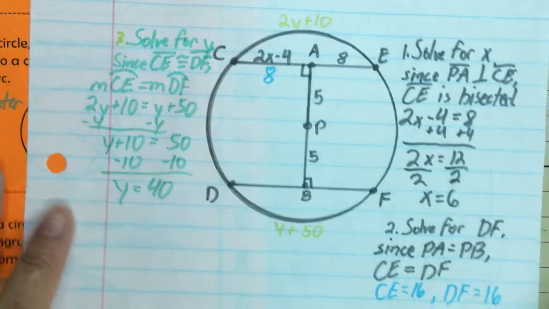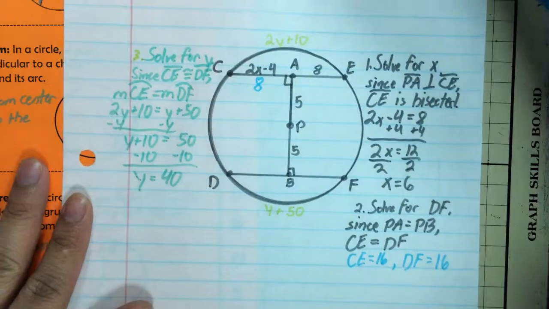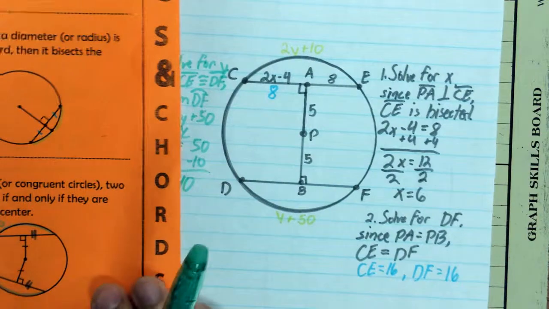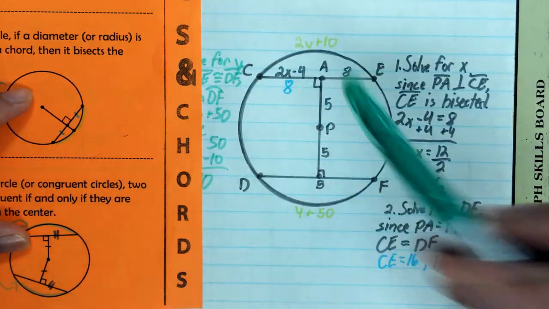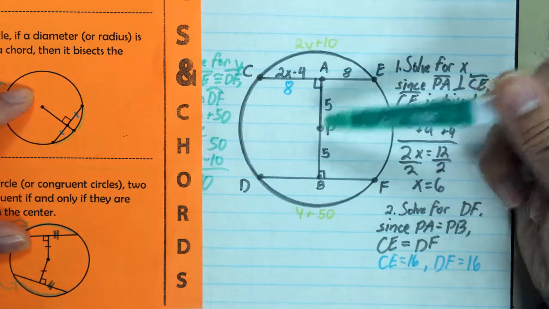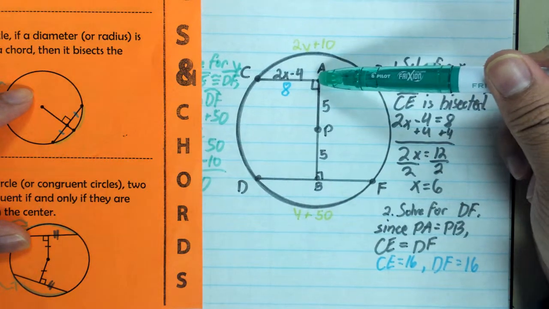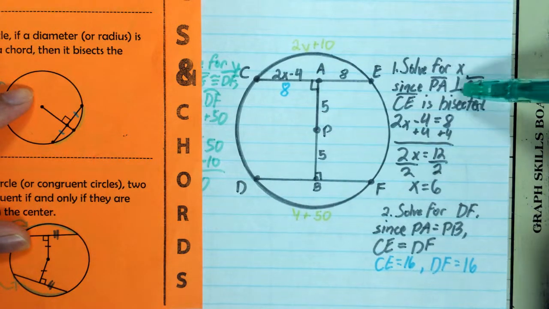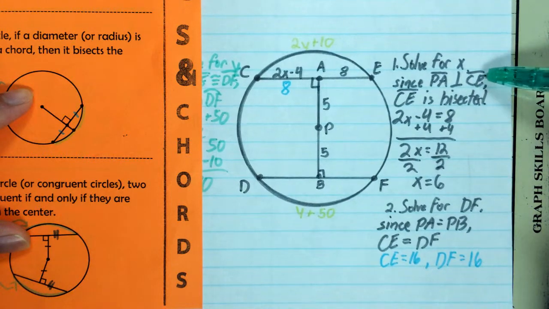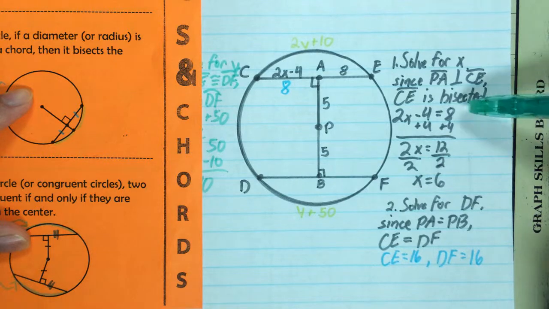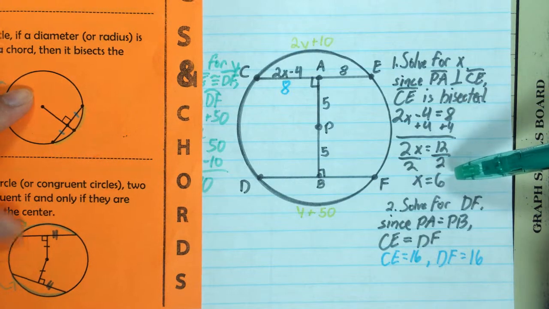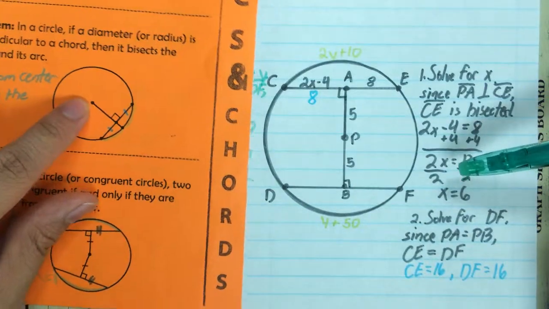So here you have an example of these two properties. If your line from the center to the chord is perpendicular to that chord, so this is what we have, PA perpendicular to CE, that means the chord CE is bisected, which lets us set up this equation. So that's from this property over here.